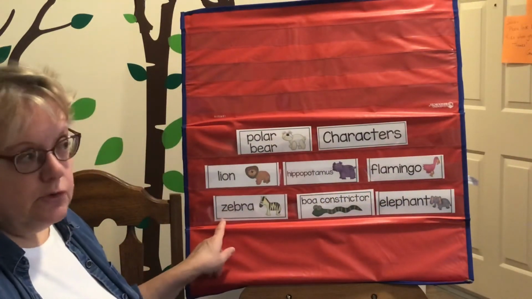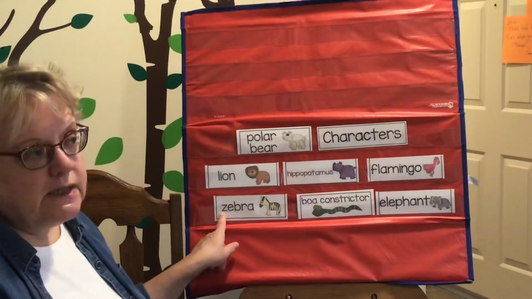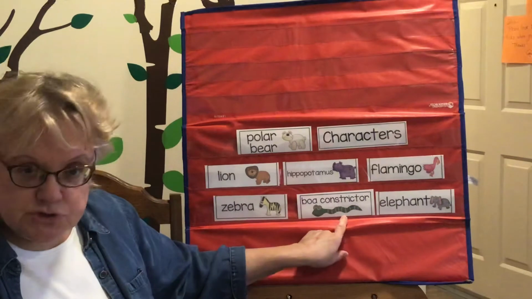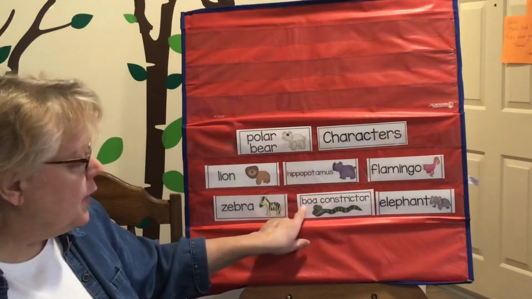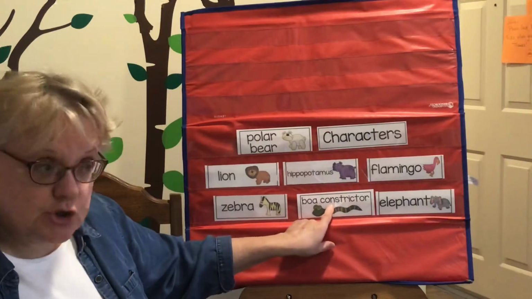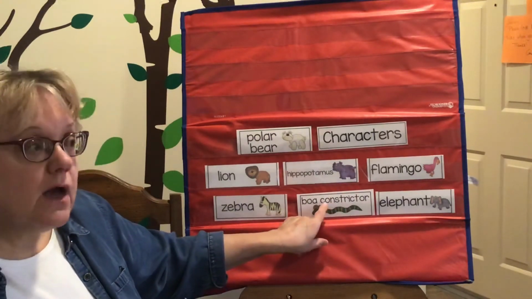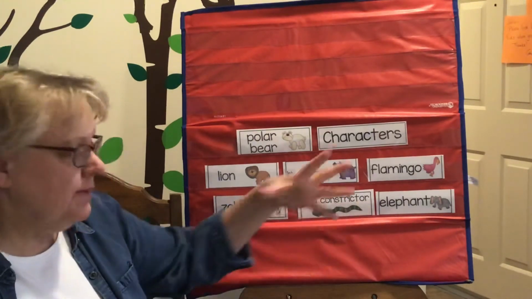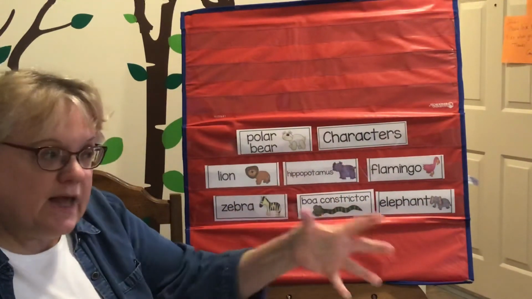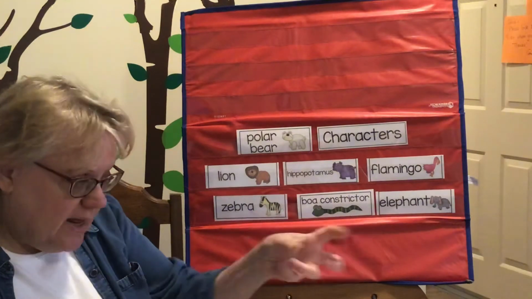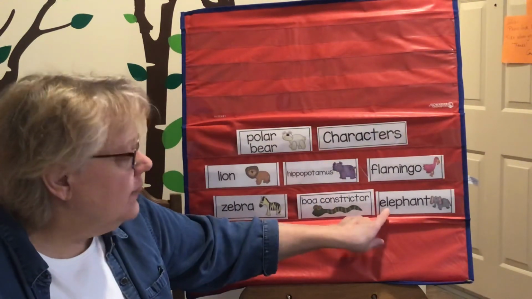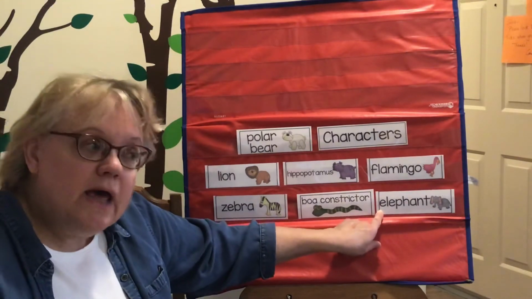Zebra, you can do this one. That's a Z, Z, zebra. Boa constrictor starts with the letter B, B, boa. And constrictor, C, constrictor. That means that the boa constrictor pulls its food in and sort of goes like this and pulls it apart that way. Elephant, E, elephant.